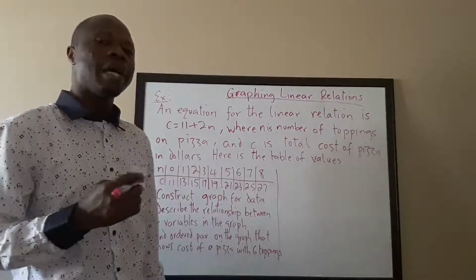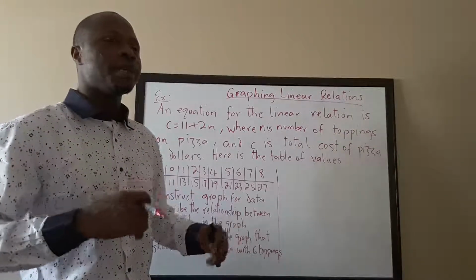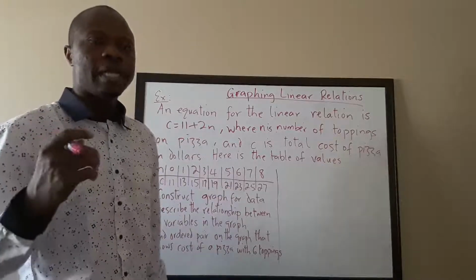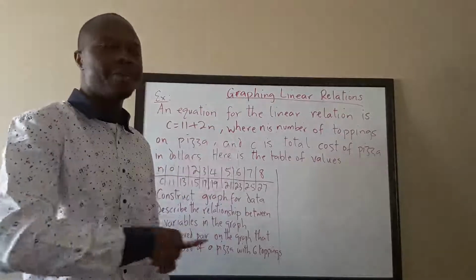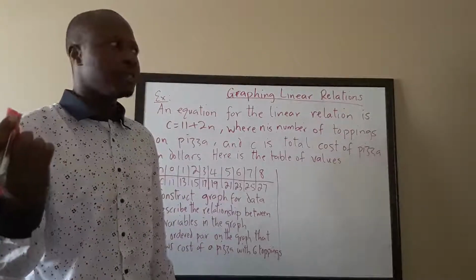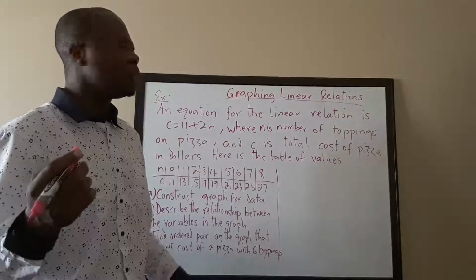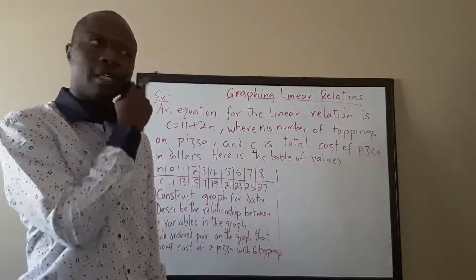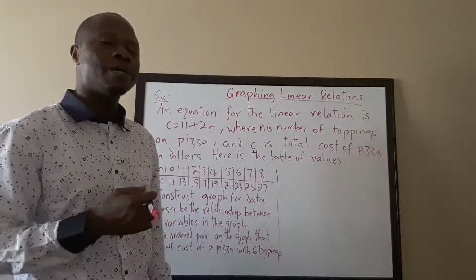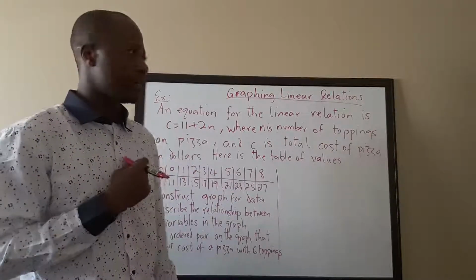So we've already talked about table of values and input and output and the x variable and the y variable. Now we're going to use a real life problem, or a word problem, and we're going to learn how to graph table of values.